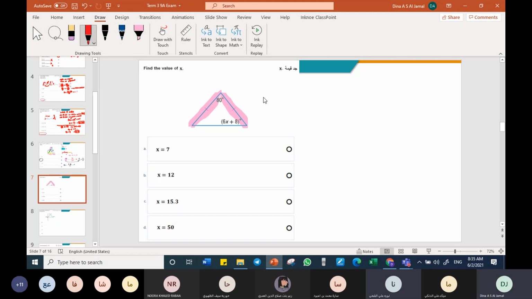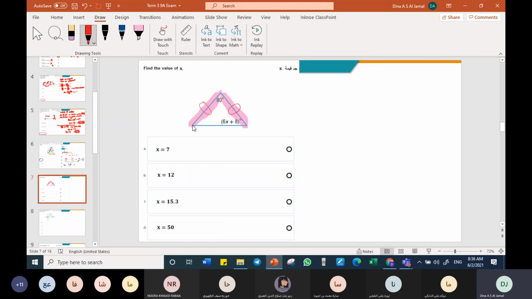Two sides equal to each other. So, what can I call this triangle? Isosceles. Excellent, isosceles. That means now we will be using our isosceles theorem.